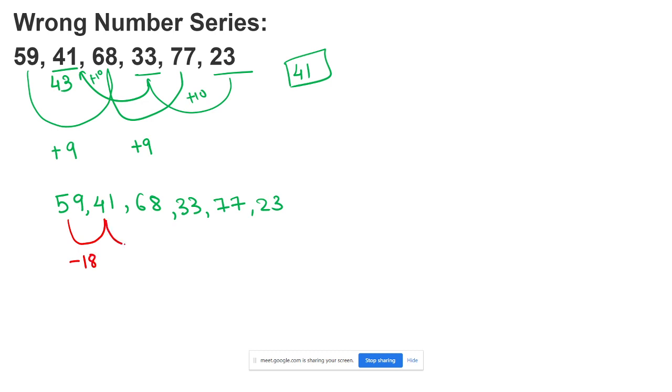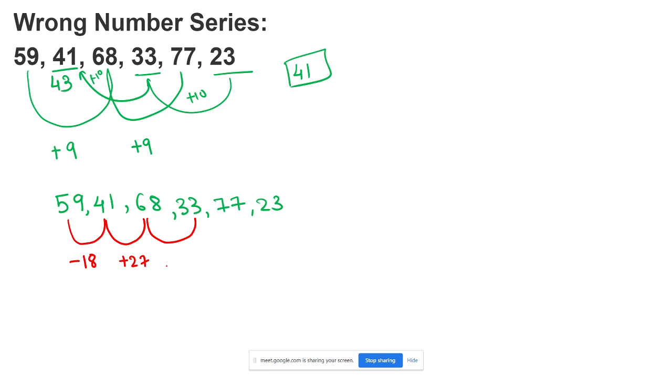But from the second to third, can you see something? From second to third, what is it? Yes, it is plus 27 now. Can you see from third to fourth? How much is coming here? The difference is of what?